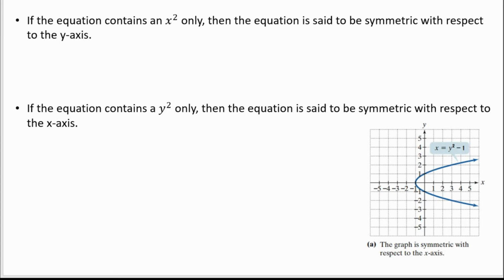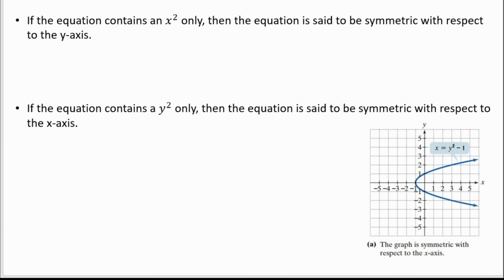If the equation contains an x squared only, then the equation is said to be symmetric with respect to the y-axis. Just what I just got through saying, but just want to make sure we state it there. If the equation contains a y squared only, then the equation is said to be symmetric with respect to the x-axis. And that's the example right there. X is equal to y squared minus 1.